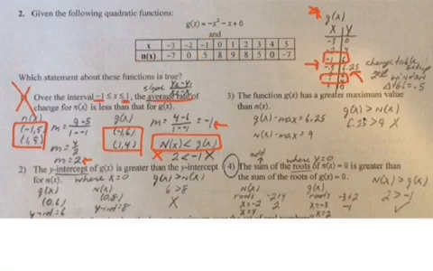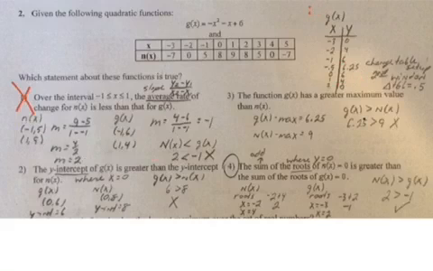Now for choice 2, they're talking about the y-intercept. The y-intercept, when you look at your table, is where x equals 0. So when x equals 0, for g of x my y-intercept is 6, and for n of x, my y-intercept is 8. In this case, they're saying that g of x is greater than n of x, meaning 6 is greater than 8, which is not the case, so your answer will not be choice 2.